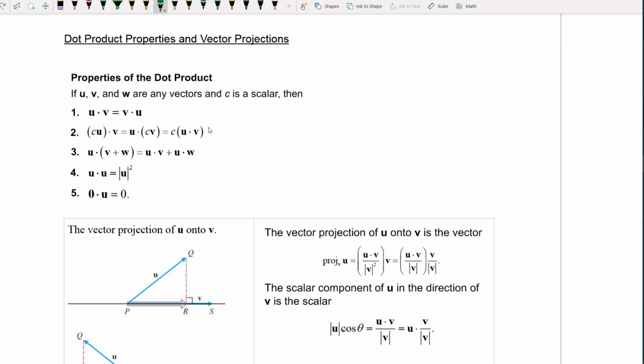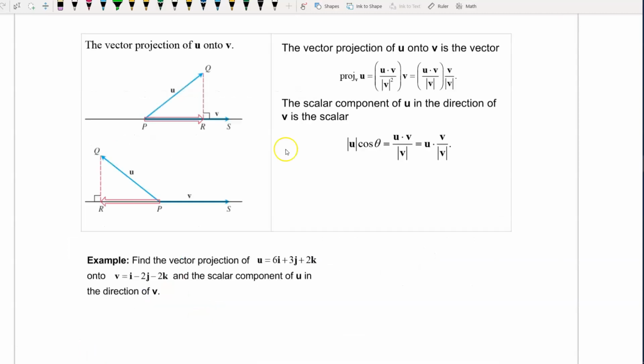And number 3, u times parentheses v plus w is equal to u times v plus u times w. Number 4, u times u is equal to the length of u squared. And number 5, 0 times u is equal to 0.